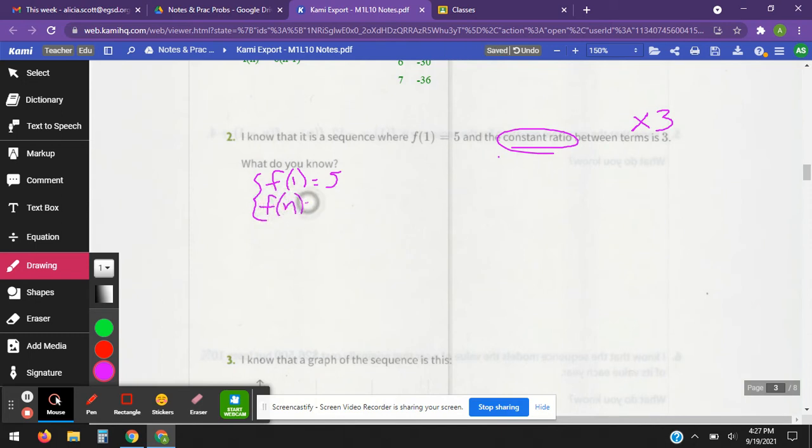my next term is my previous times 3, which means my explicit equation is I'm starting with 5, and I'm going to times 3 repeatedly, but I started with the first term, so it's an n minus 1. So that makes this one geometric.